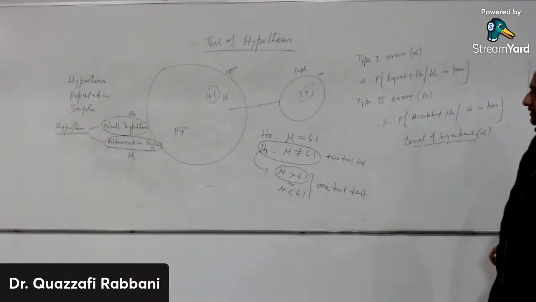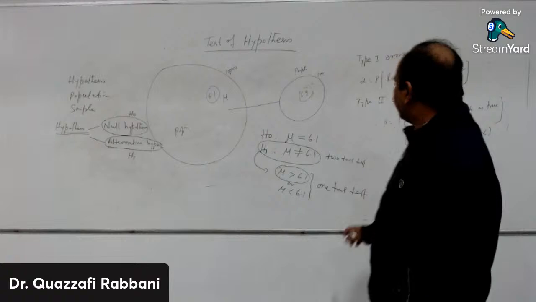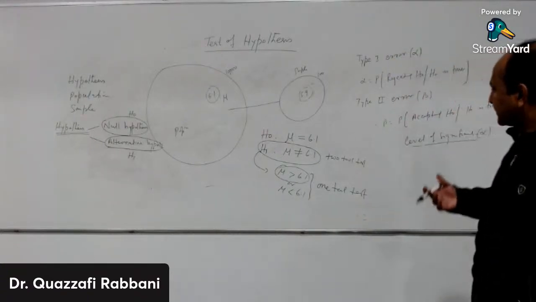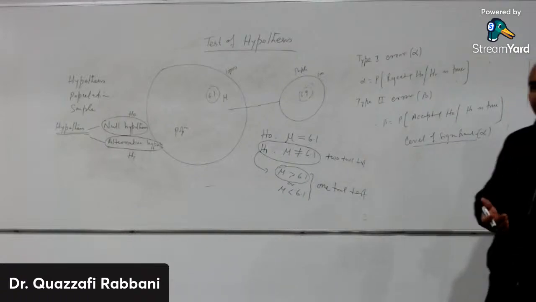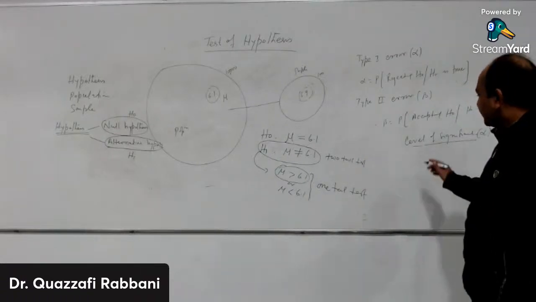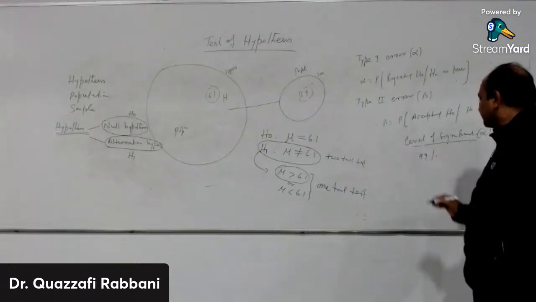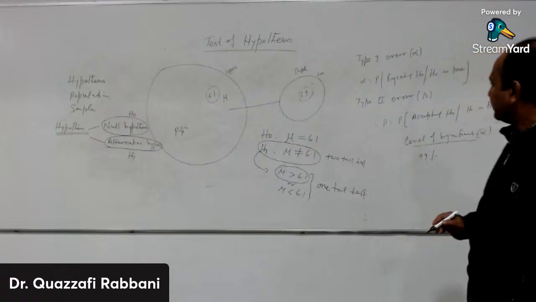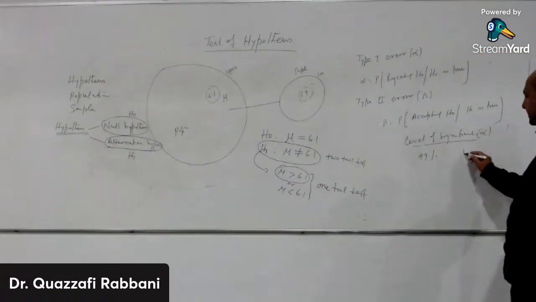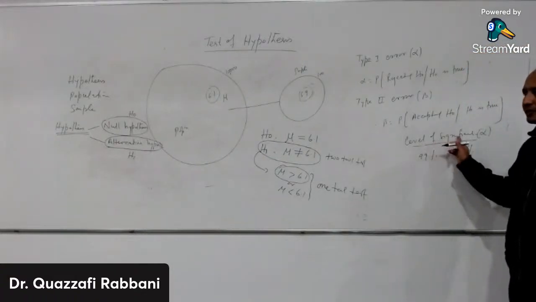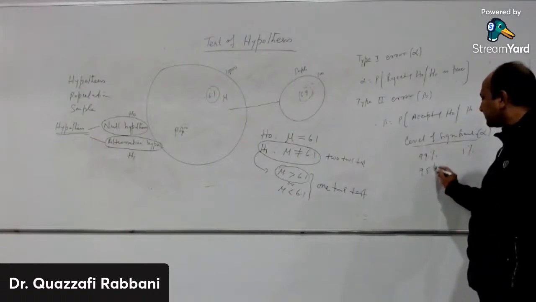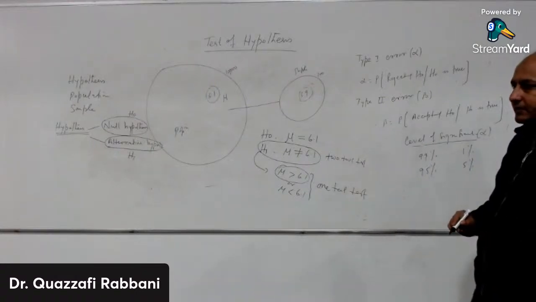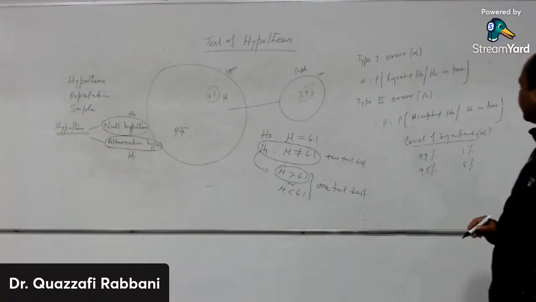If you give any statement and you are not 100% sure, then you say that you are 95% sure or 99% sure. If you are 99% sure, it means there is a 1% chance that your statement may be rejected. So this 1% is nothing but the level of significance. If you are 95% confident, then there is a 5% chance that your statement may be rejected.